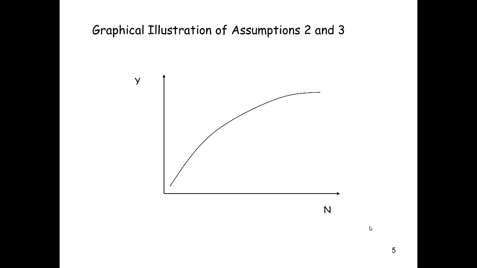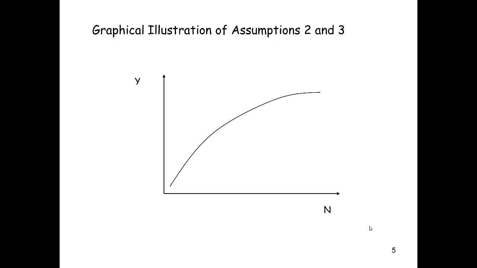So let me give you a graphical illustration of assumptions 2 and 3, which is about the marginal products. Here's a graph that shows on the horizontal axis the amount of labor input, which we could measure in employment or we could measure in hours, and I'm going to call it N. On the vertical axis is Y, which is the amount of output that we get.